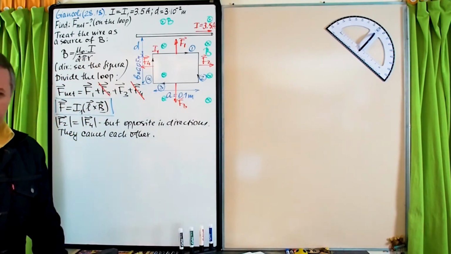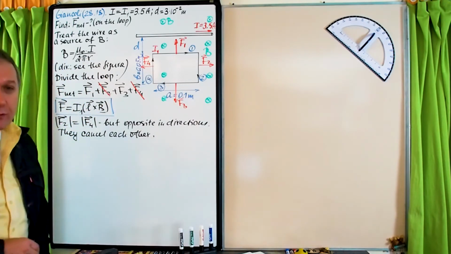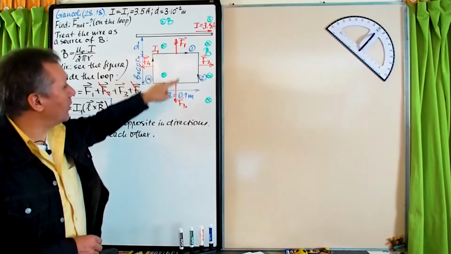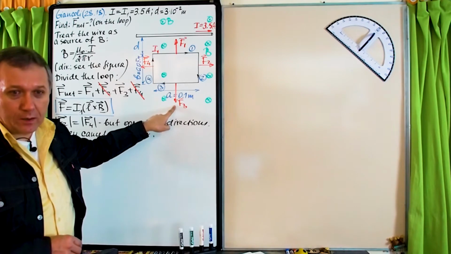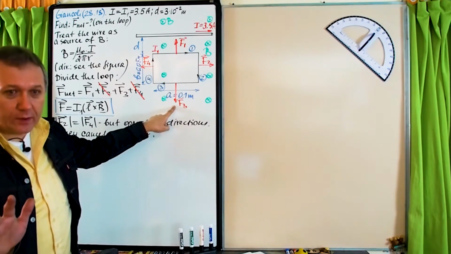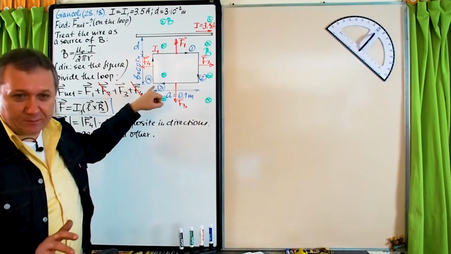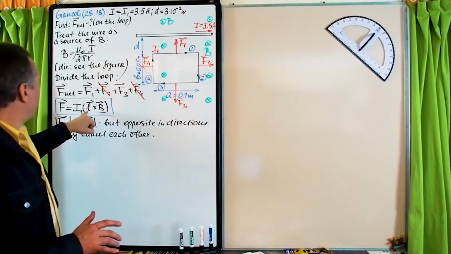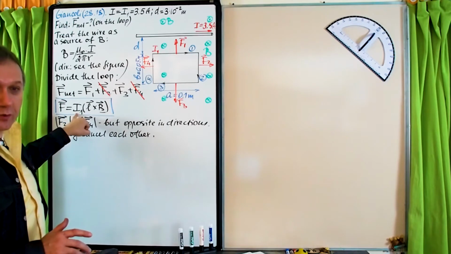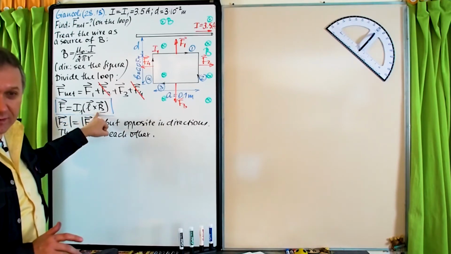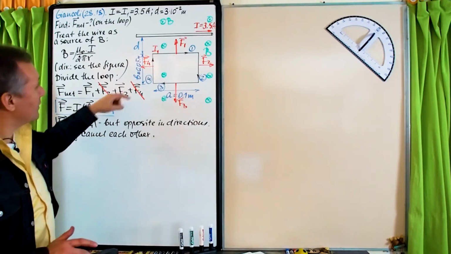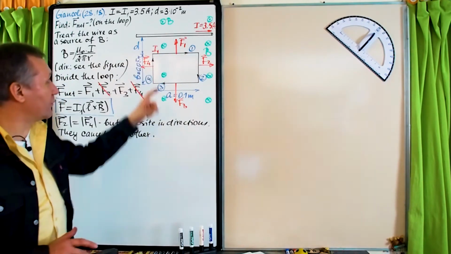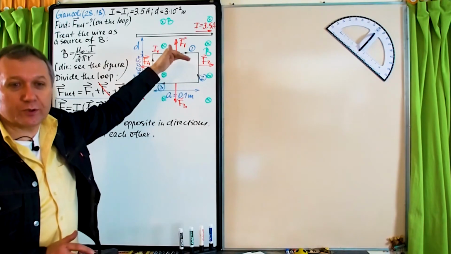Can you tell me quickly which force is going to be stronger, F1 or F3? I think it should be obvious, right? The length of this wire and that wire is the same, and the current is also the same. But the magnetic field, of course, is different. Since this top wire is closer to the source of the magnetic field, the magnetic field over here will be stronger.